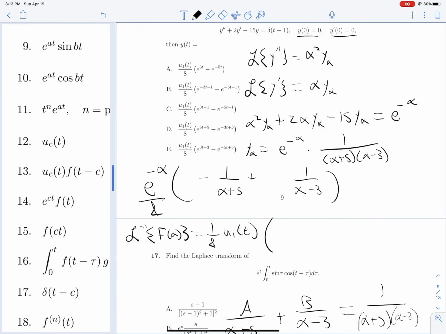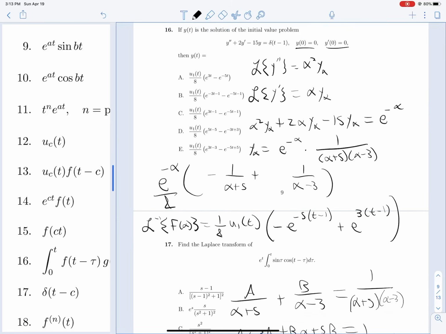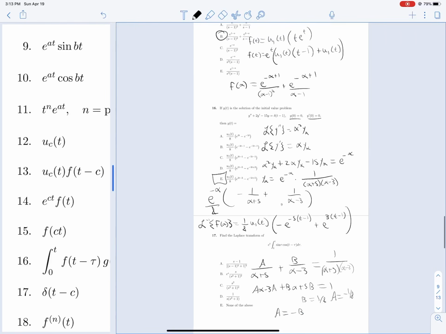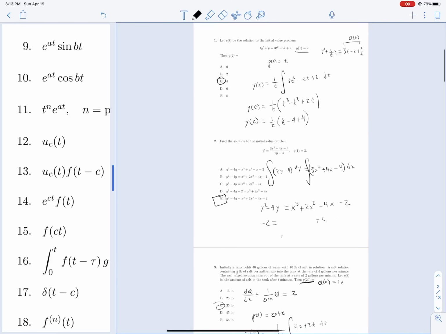So we will get negative e to the negative 5 t minus 1 plus e to the 3 t minus 1. And looking around here, it looks like e is exactly what we are looking for.